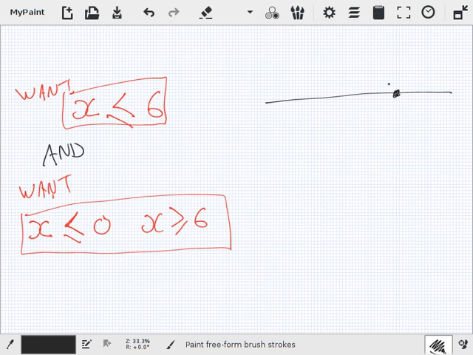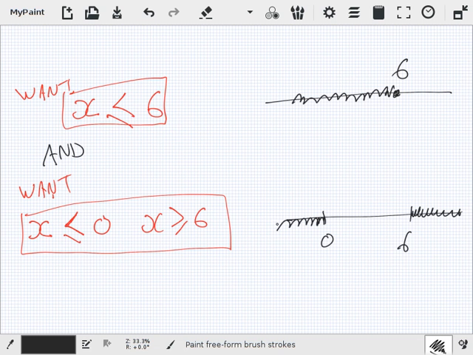Yeah, well let me just draw this. Less than 6, that's here. And here, there's 0 and there's 6. And this is bigger than 6 and smaller than 0. Okay? And I want both. I need to pick x's that are true for both. So what values of x are here and here?